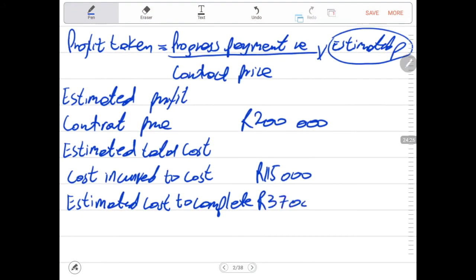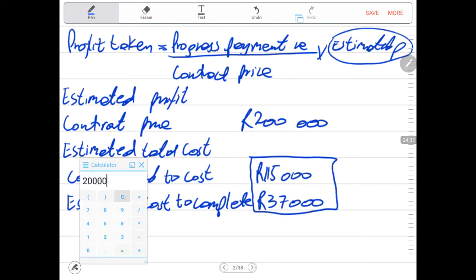The total of the two will give us what is called estimated total cost. Estimated total cost is made of 115,000 rands plus 37,000 rands. It is a total of 152,000 rands, and that has to be negative.